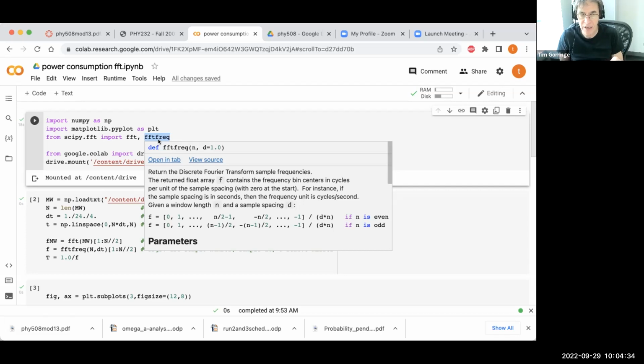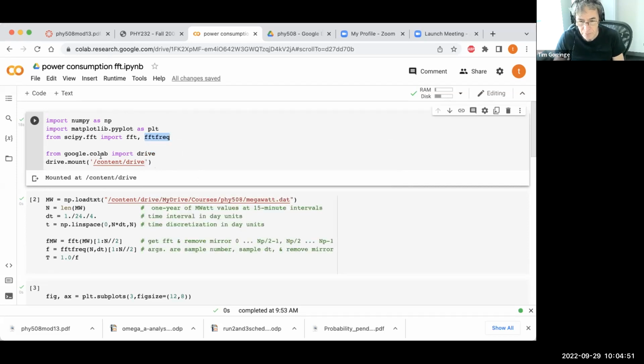Rather than have the data just indexed by indices, say k, we're going to have the data indexed by a frequency of cycles per day. So I'll import these two library functions.